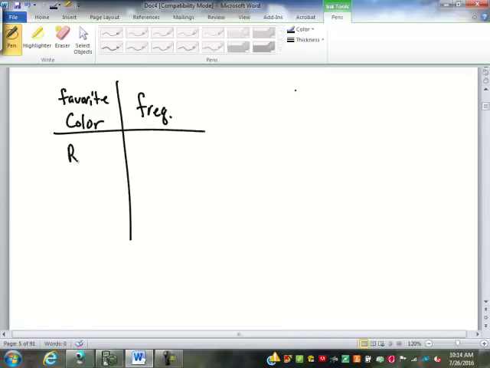So we're going to go with red, blue, and green again. And let's say that out of 20 people, we had 7 responses for red, 4 responses for blue, and 9 for green. So yes, that does give us a total of 20.